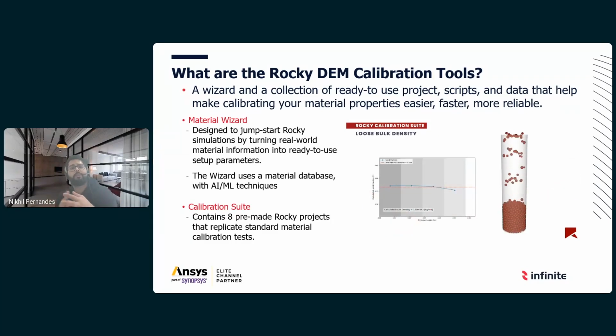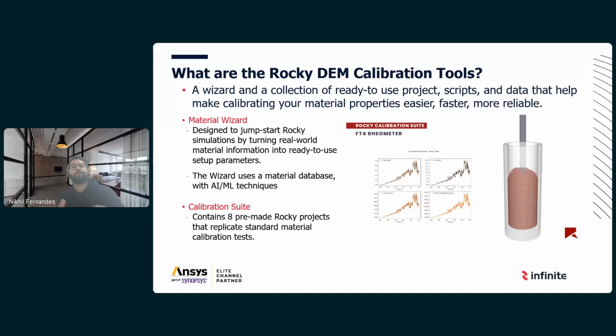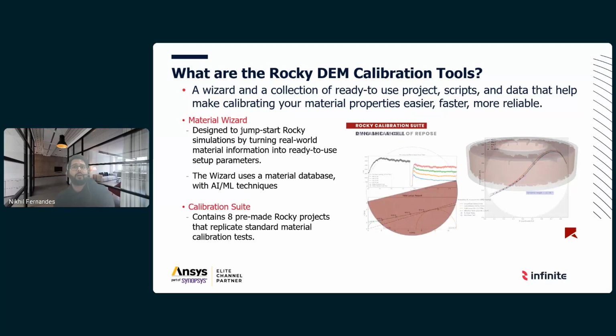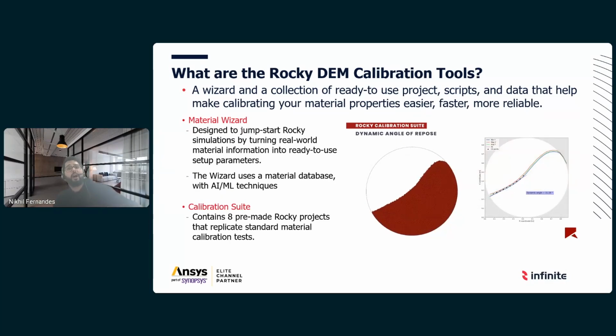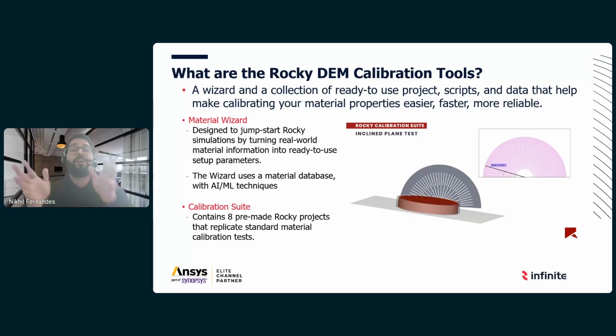The calibration suite consists of 8 pre-made Rocky projects that replicate the standard material calibration tests. If you have to do small experiments, we don't have to do all 8 of them, but depending on the application of your model, you can calibrate your physical model with that on Ansys Rocky itself.